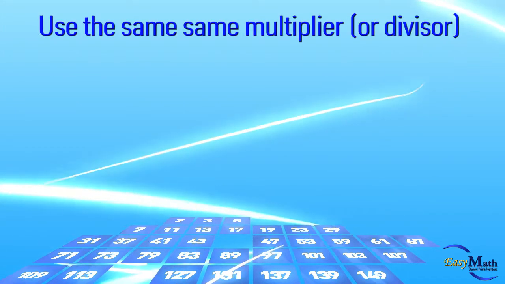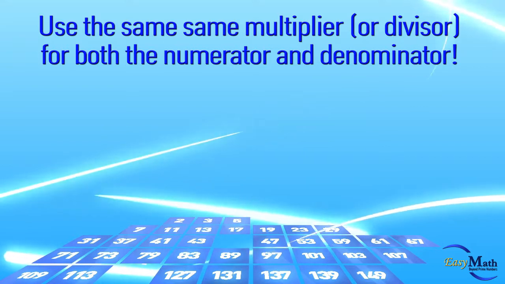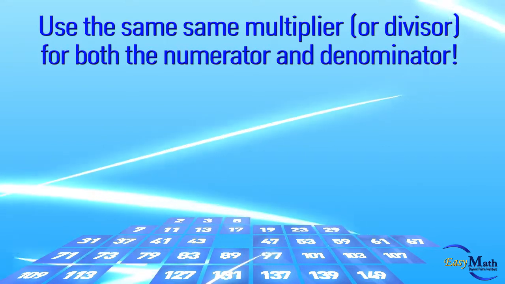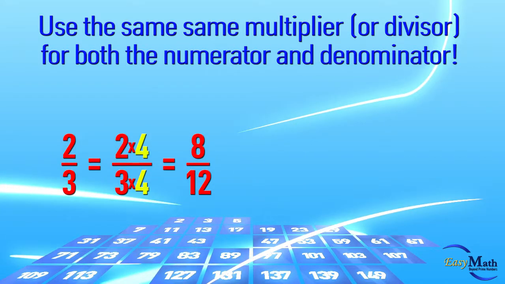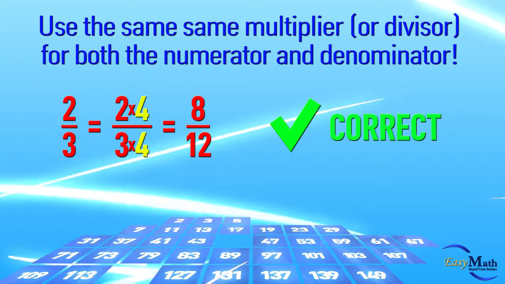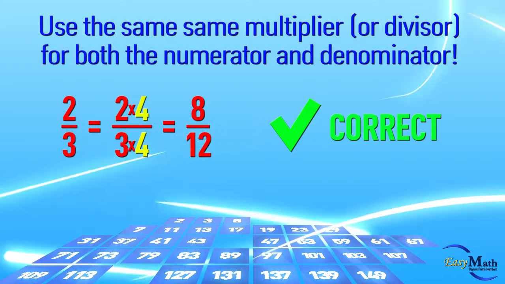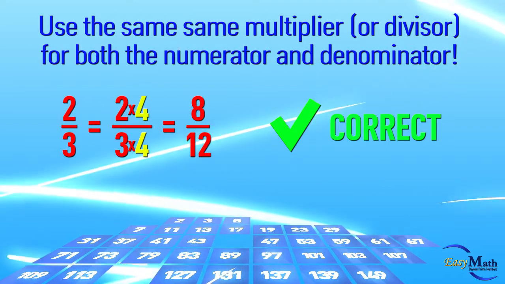The important thing is to use the same multiplier or divisor for both the numerator and denominator. This is correct: 2/3 equals 2 times 4 over 3 times 4, which equals 8/12.